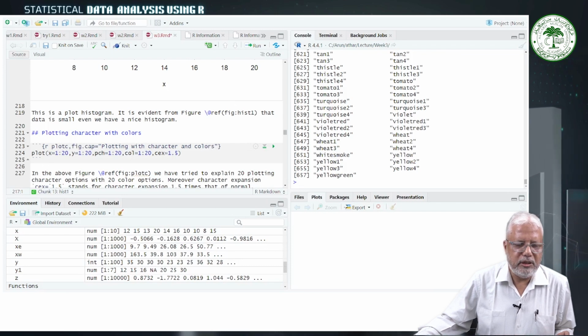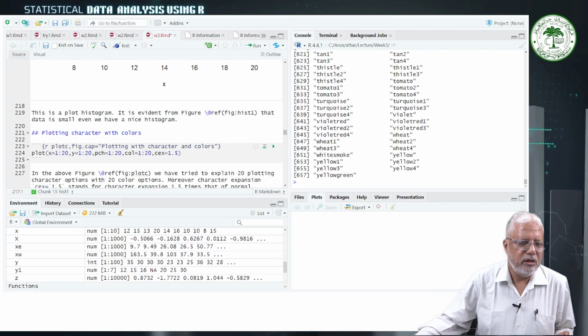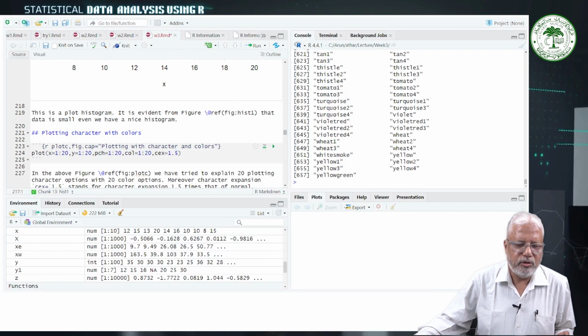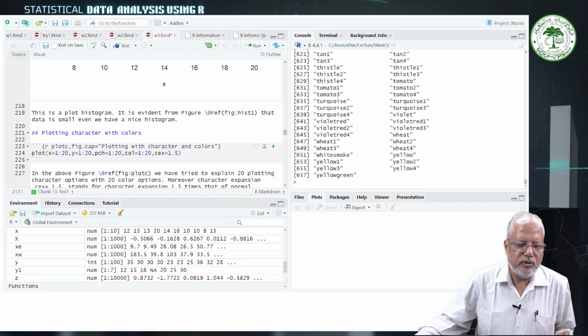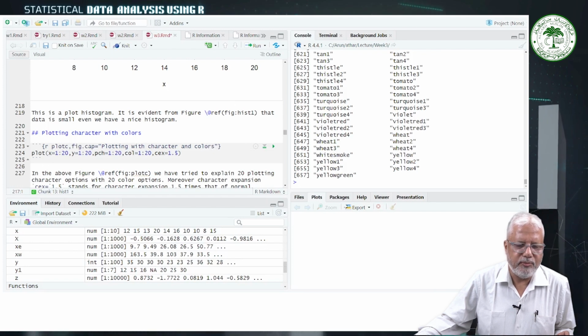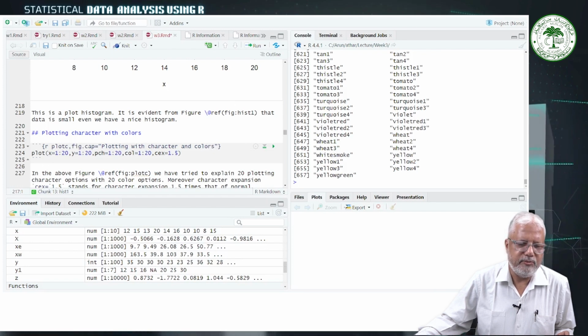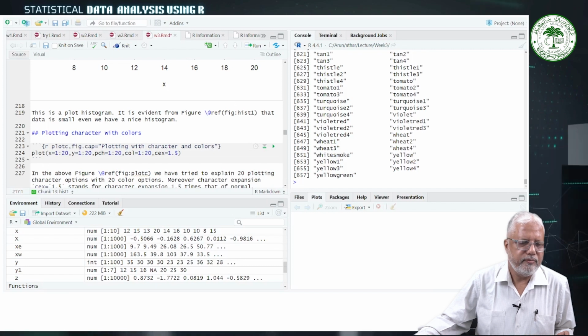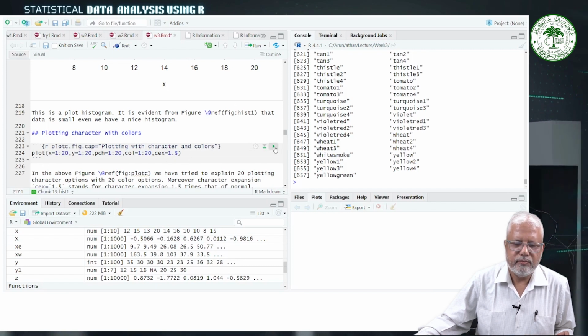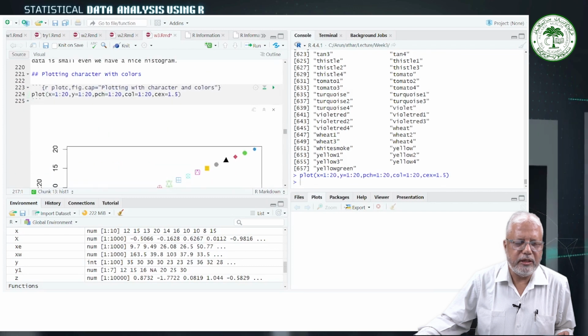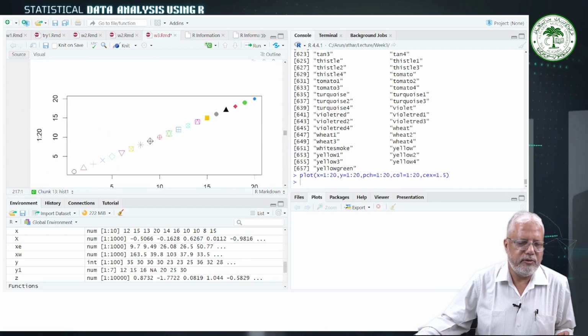Then cex, character expansion, is 1.5. Character expansion 1 is normal, so 1.5 is 1.5 times bigger than normal. When we run this chunk, we get this figure.